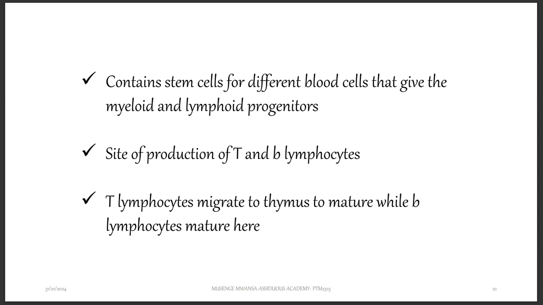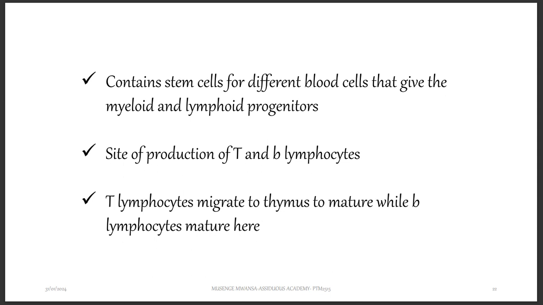Almost all the cells that you find in blood come from the bone marrow, and they begin as stem cells. Two progenitors come out: the myeloid progenitor and the lymphoid progenitor. You are going to understand this. These are the questions which come, in anatomy and also in this course.